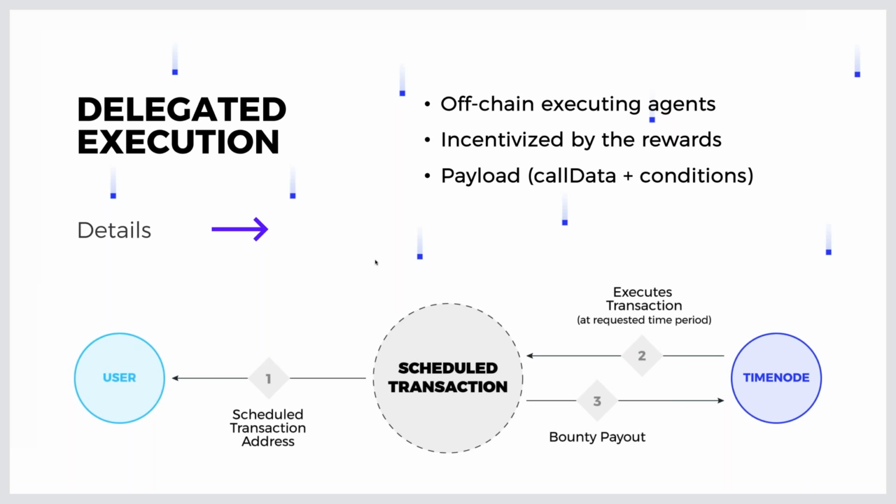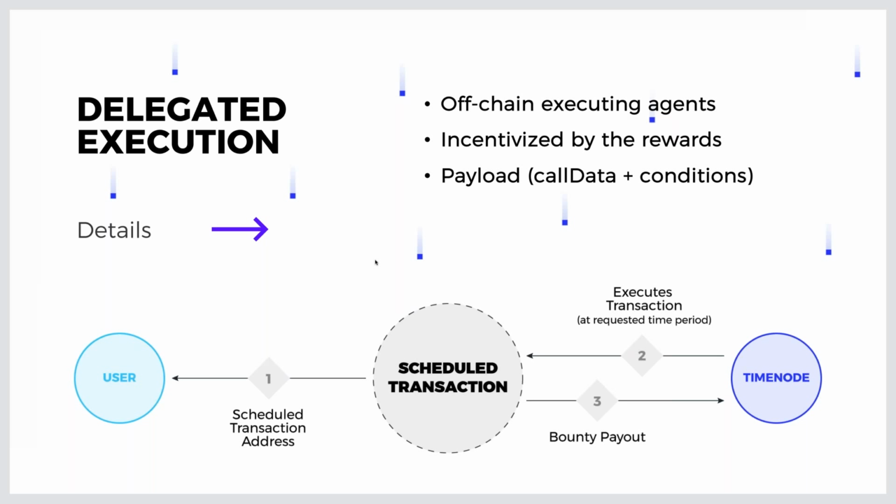So basically we are talking about off-chain executing agents who are incentivized by rewards, and on a high level they execute some sort of payload, which is data plus conditions. This is a generic pattern that some projects are using.